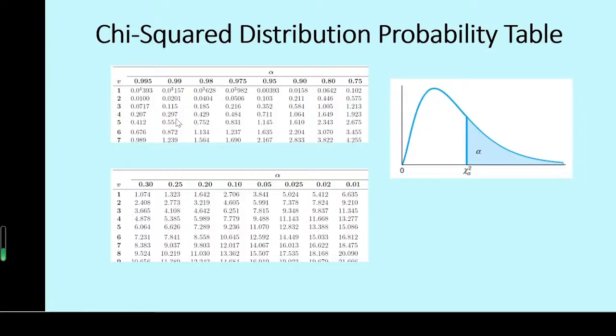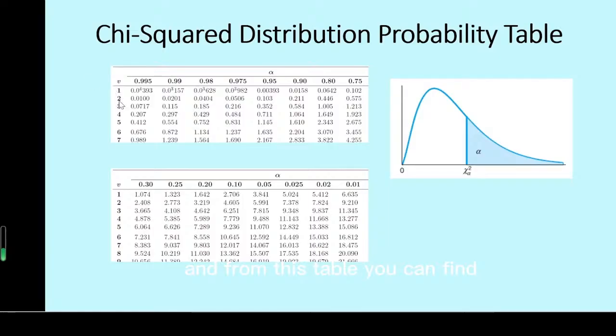So we can use the chi-square distribution's probability table to do some tests. Here chi-square is a positive random variable, and alpha is the right-side probability that the chi-square random variable is larger than this number.